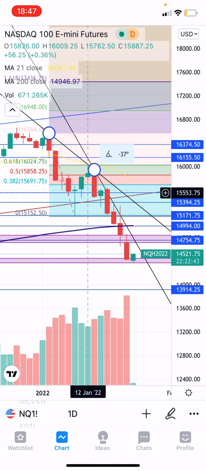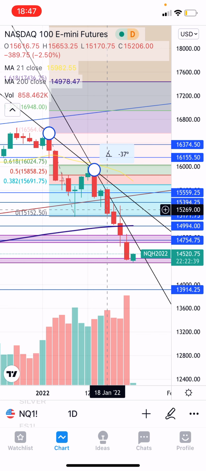If it comes down to here, bump your stop to entry. And then it broke this trend line. Now it came down to this 15,170 support level. Bump your stop to this support here. So now you've bumped your stop to more than what your entry was. So no matter what happens, you still make money at the end of the day, right?